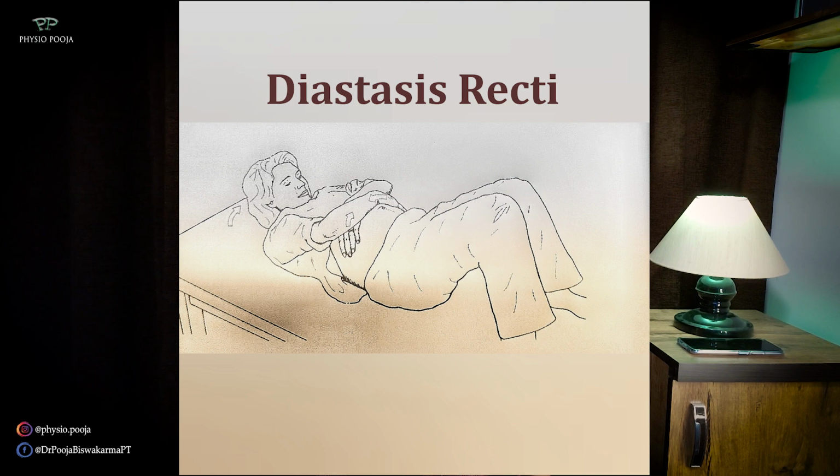Then have the woman lower the head and then relax. This exercise can also be done with pelvic tilt. So this is known as head lift with pelvic tilt. The positioning will be the same as explained earlier, just the woman will perform posterior pelvic tilt before relaxation.